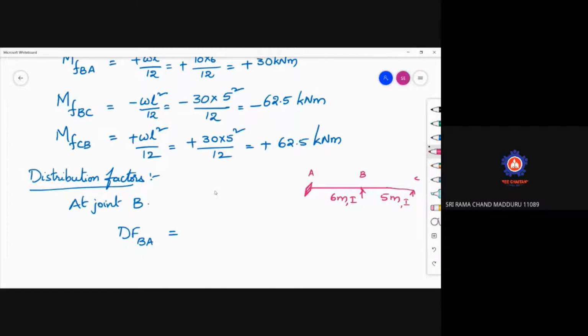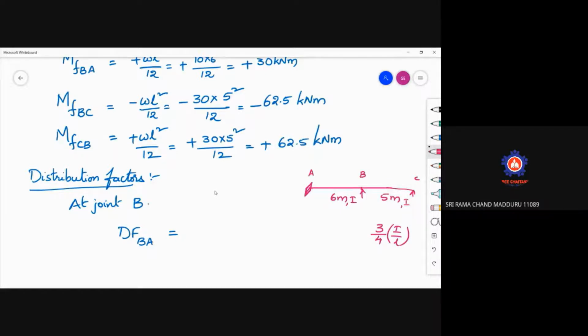When the far end is fixed, then only the stiffness will be considered as I by L. Otherwise, according to our theorem number 3, the relative stiffness of the member is reduced to 75% of the value, so we wrote it as 3/4 of I by L. You can refer to your notes and check it. When the far end is hinged, the relative stiffness reduces to 3/4 of I by L. If the far end is fixed, the value will be I by L only.